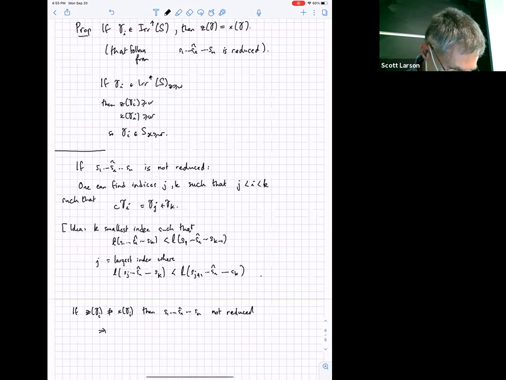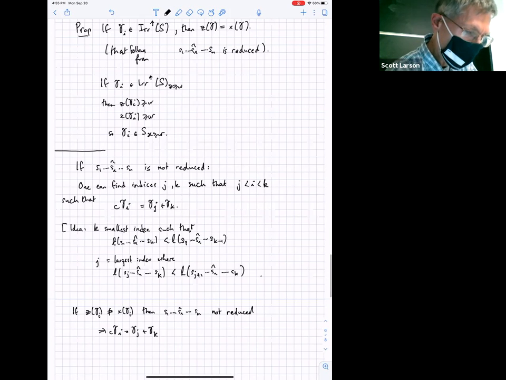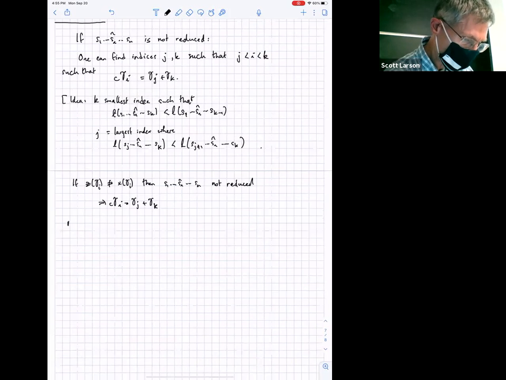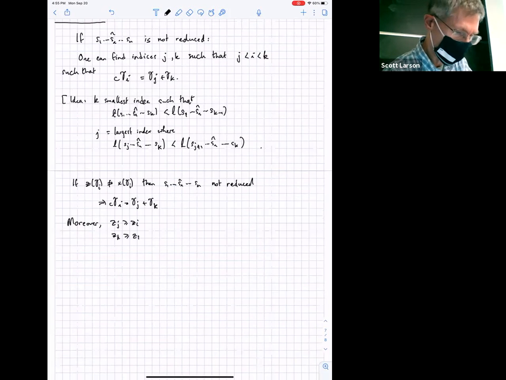And then that implies that c times gamma I is gamma k plus gamma j. Moreover, by playing around with the Weyl group, one can see that zj is bigger than or equal to zi, and zk is bigger than or equal to zi. So that's an increasing decomposition.